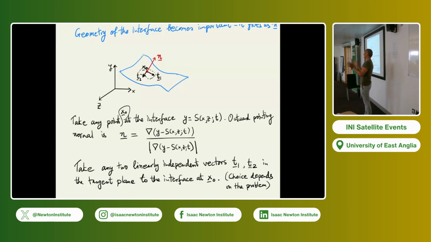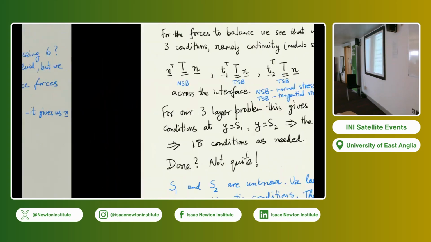So thinking about this now, what I've done is I said there's a force that I can resolve into three directions. Now, if I do this force balance, that will give me three equations. It will give me three balance laws at each interface. And if you remember, there were two interfaces, so that's the 6 missing conditions that I was after.